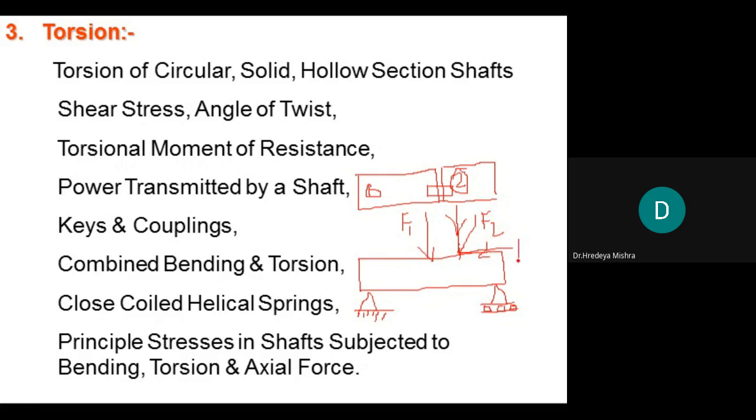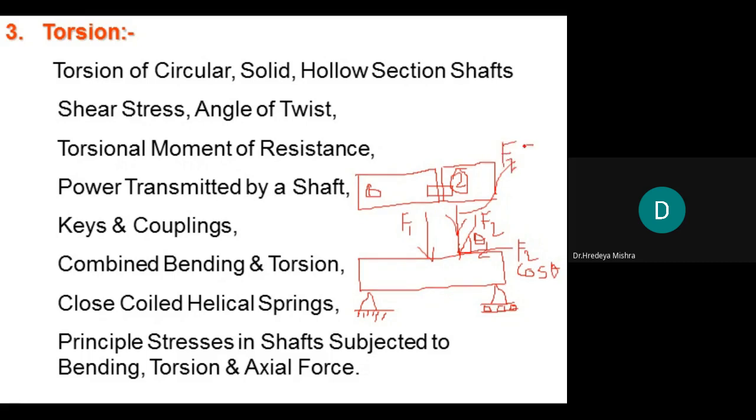If this angle is theta, this component is called F2 cos theta, and this component is called F2 sin theta.